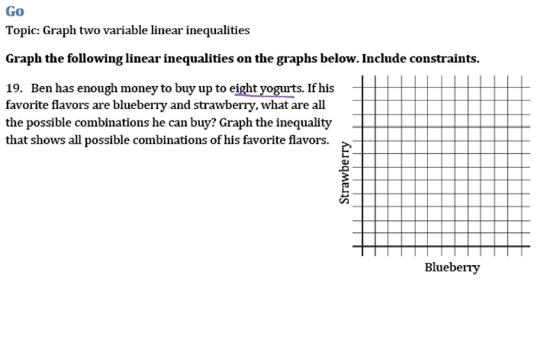So let's call strawberry S, blueberry will be B. So he could buy just 8 strawberry, right? So, let's see, S plus B can be, he can buy less than 8, so it can be less than or equal to 8 yogurts, right?